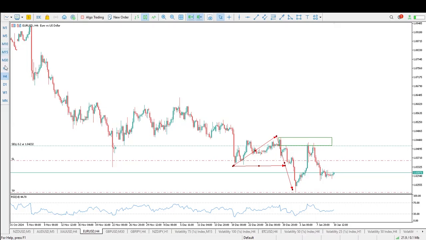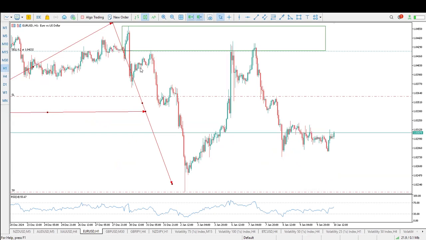Now, let's move to the H1 time frame and mark it out. As the market is pulling back to the upside, we have our first point here as our inducement, and we have our second point here as our structural liquidity.